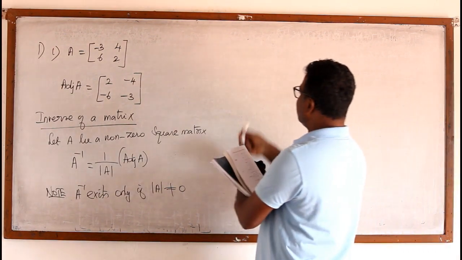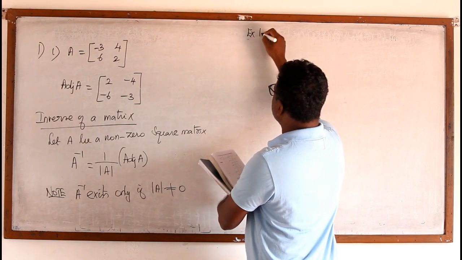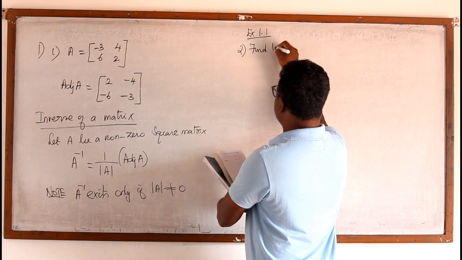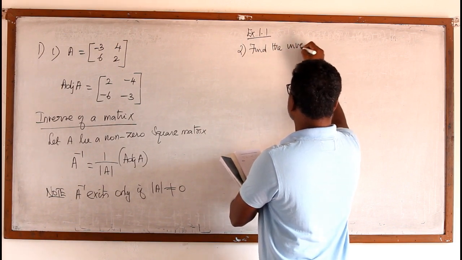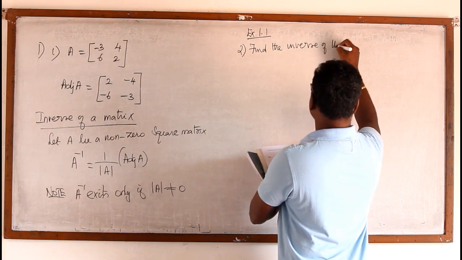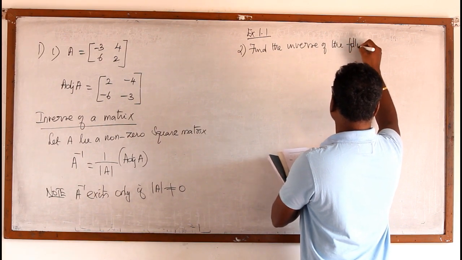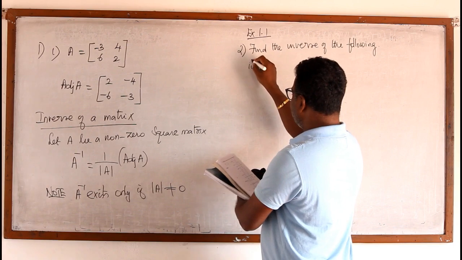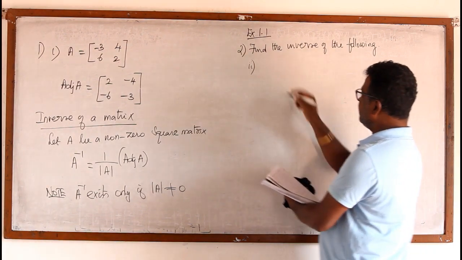So again we shall go for exercise 1.1, second problem. Find the inverse of the following. Again, I will go for a 3 by 3 matrix straightaway.